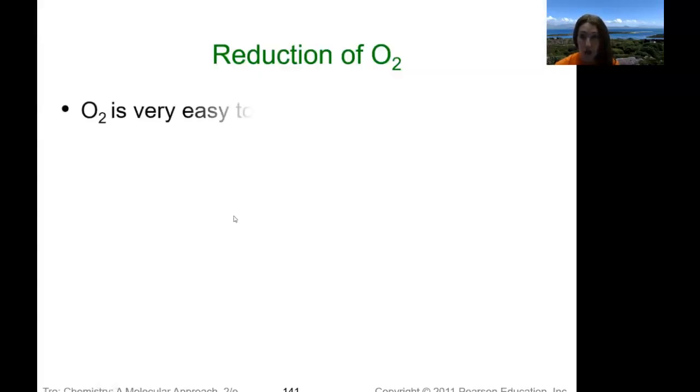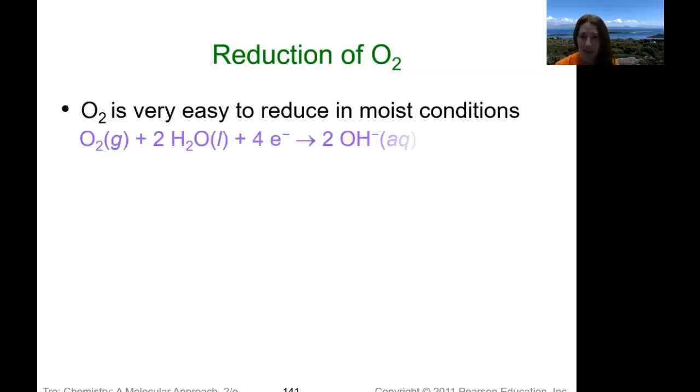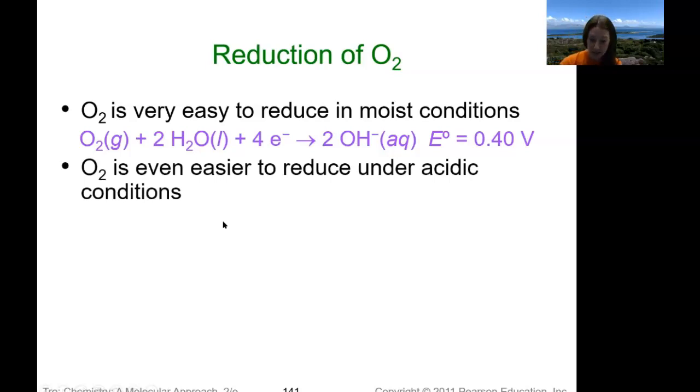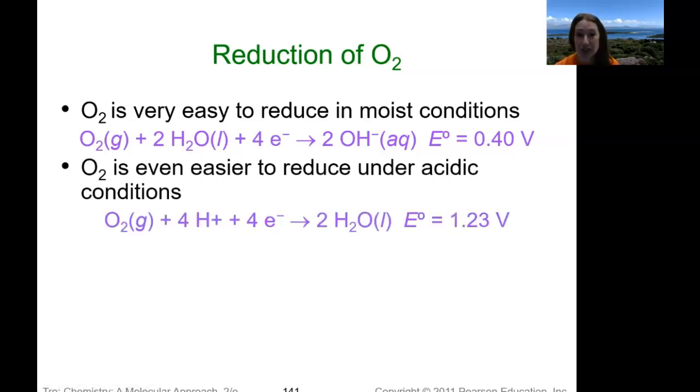So oxygen is reduced. And oxygen is really easy to reduce in moist conditions, specifically moist conditions here. And if it's under an acidic condition, it's even easier to be reduced. Remember, the more positive it is, the easier it is to be reduced. So if you're in an acidic condition, look at how positive this is for oxygen, super positive.